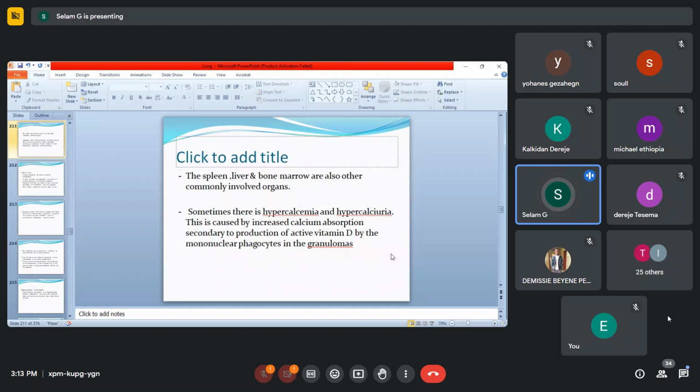Diagnosis is made based on lung or lymph node biopsies, and the presence of non-caseating granuloma is suggestive of sarcoidosis, but other identifiable causes of granulomatous inflammation must be excluded, especially in our setup. You find tuberculosis everywhere, and we should first rule out that the granuloma is being caused by tuberculosis, as tuberculosis is the commonest cause of granulomatous inflammation in our setup. So excluding that, if you find granulomatous inflammation, you can diagnose sarcoidosis.